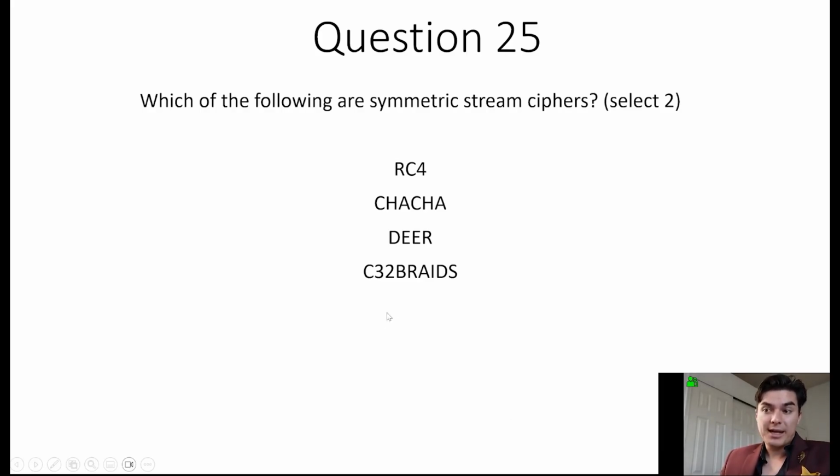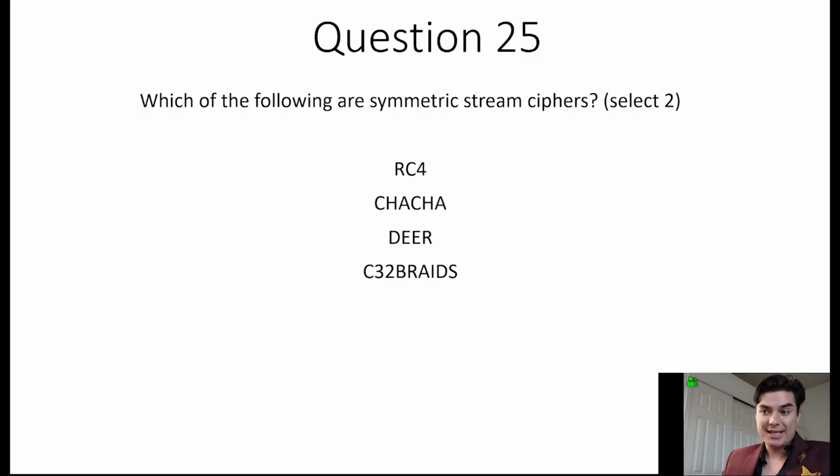Now, C32 BRAIDS, that is another acronym to help remember all the symmetric algorithms, and this is going to help you a lot. So C stands for CAST. 3 stands for triple DES, so 3DES. 2 stands for Twofish. B stands for Blowfish. The R stands for RC4, like RC4 and 6, because there's RC4 and RC6.